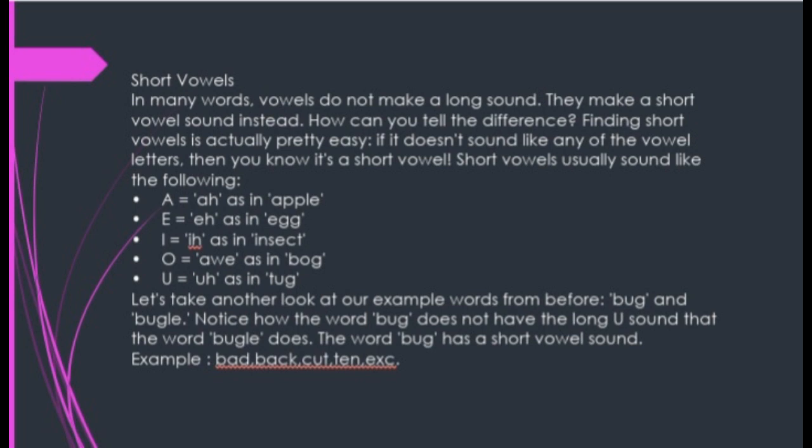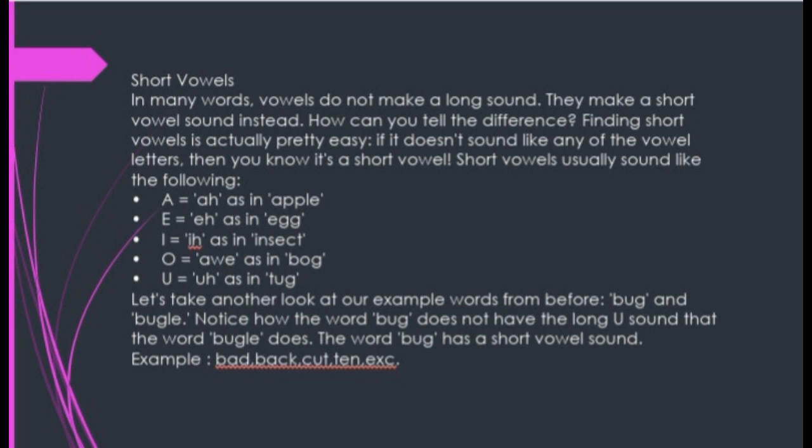Short vowels usually sound like the following: A as in apple, E as in egg, I as in insect, O as in bog, U as in tuck.